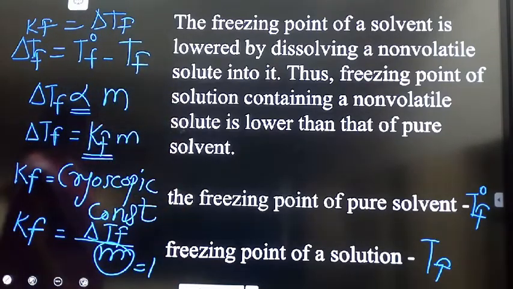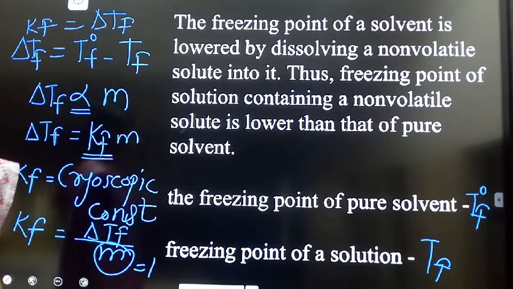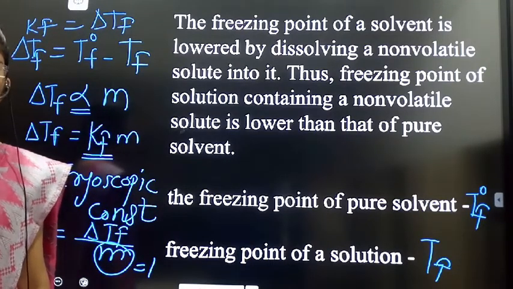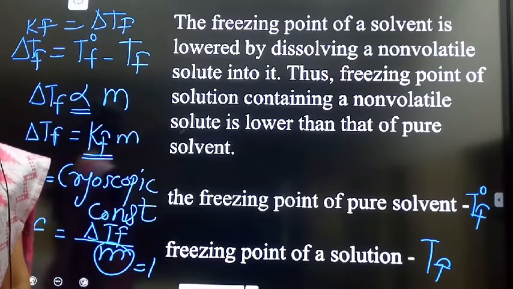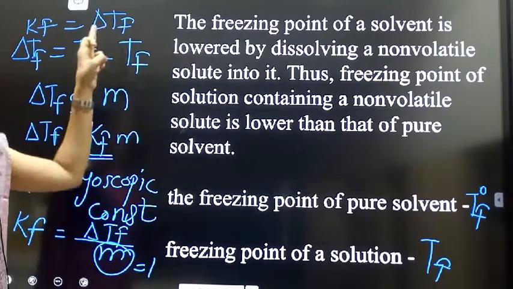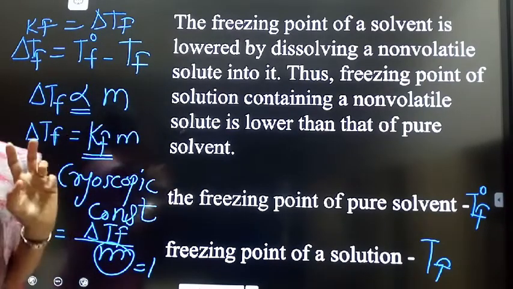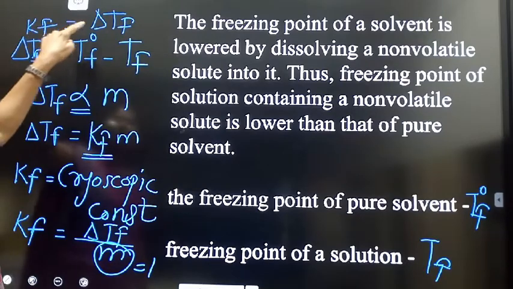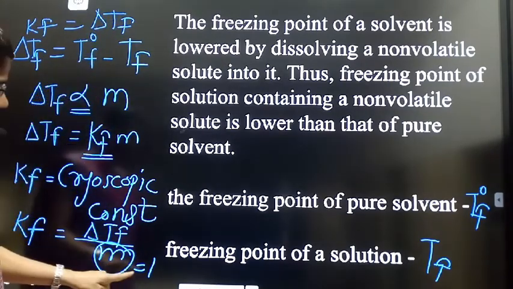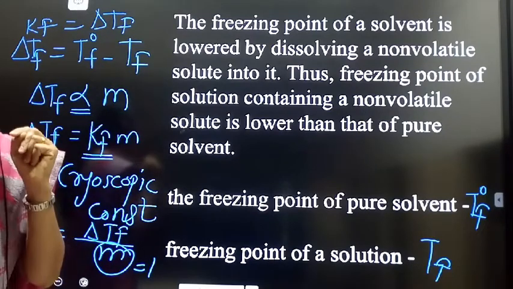And therefore the Kf, the molar depression constant or cryoscopic constant, is defined as the depression in freezing point produced for a 1 molar solution, because Kf is equal to delta TF for m equal to 1, meaning a solution having molality 1.